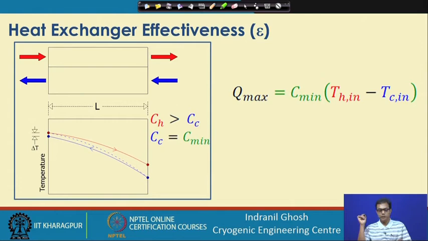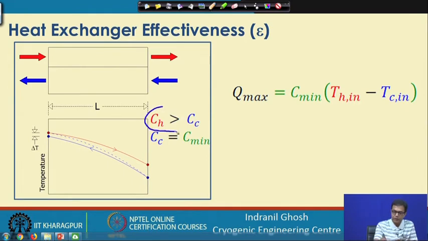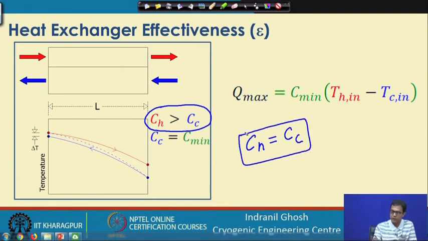So, here we will consider a situation where the hot fluid heat capacity is greater than the cold fluid heat capacity. Why are we choosing this one? There is an obvious condition, the simple condition that C H equals C C. We will look into that one, that is a simple situation, but the more complex situation is when the hot and the cold fluid capacities are unequal.